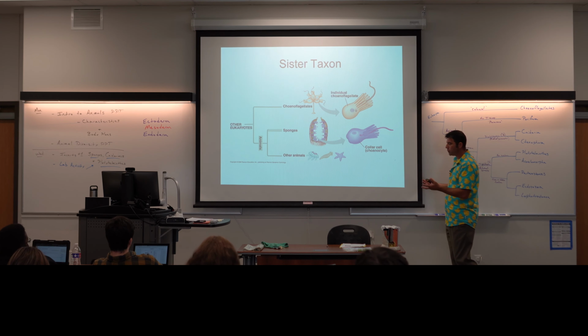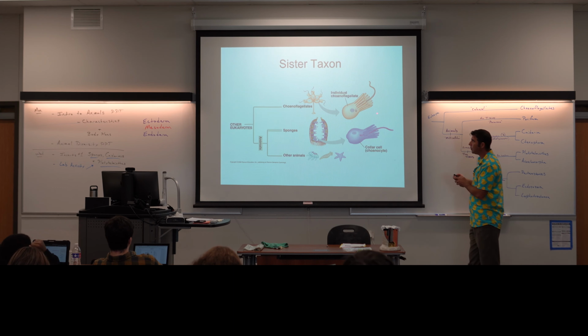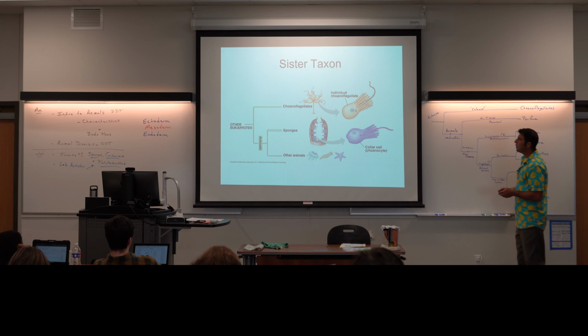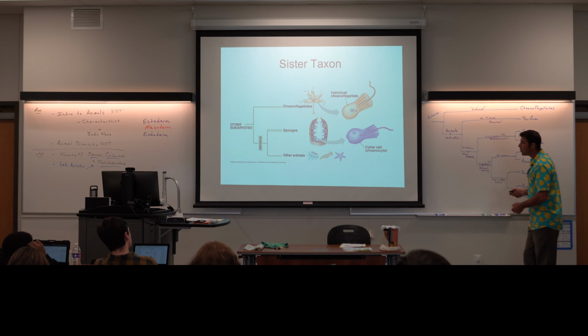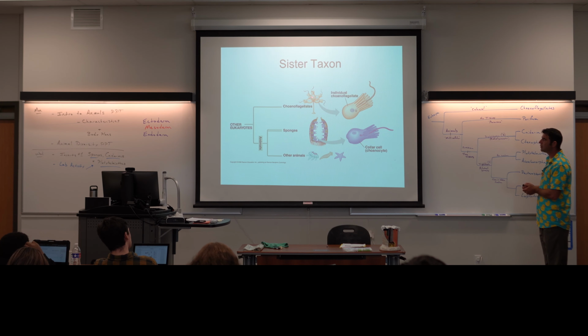They basically filter food that's in the water column, and this flagella is what circulates that water to move across these little microvilli. So there's a protist that's made entirely out of these individual cells. That's why we consider it to be colonial, because there is no cell differentiation. There's multiple cells there, but they're all doing the same thing. So we said it's colonial and not multicellular.